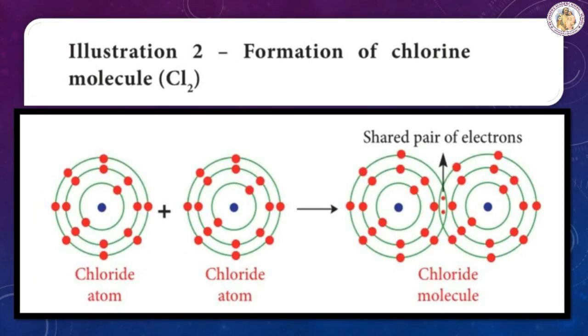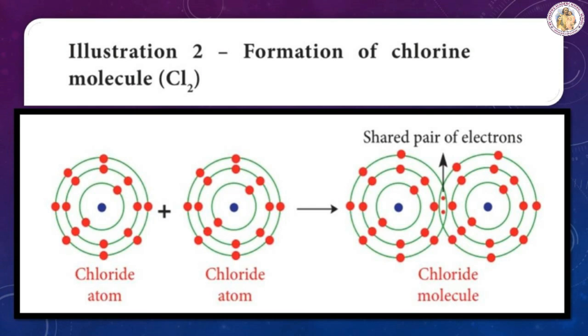Next is the formation of the chlorine molecule Cl2. The chlorine molecule is formed by two chlorine atoms. Each chlorine atom has 7 valency electrons, so 2, 8, 7. These two atoms achieve a stable, completely filled electronic configuration, the octet, by sharing a pair of electrons. Let's see this picture. In the first chlorine atom, the outermost shell has a total of 7 electrons.